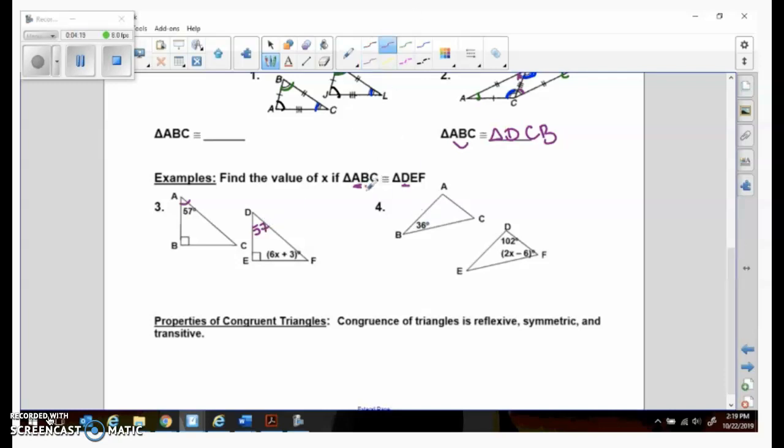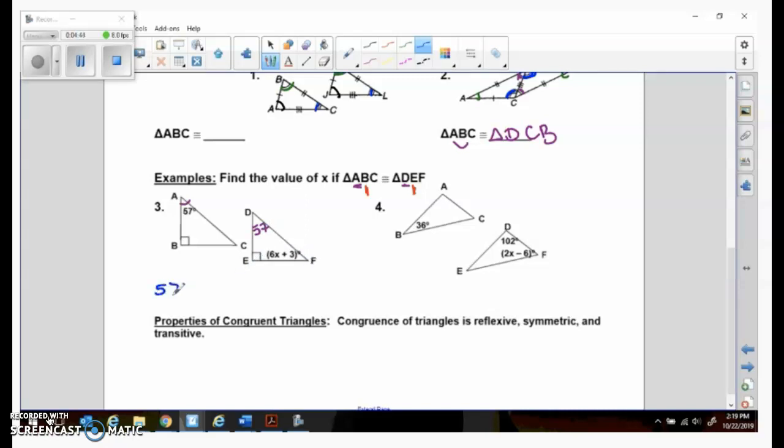Okay. So sometimes a problem will ask us to solve for a variable given that two triangles are congruent. What it means is that angle A and angle D are congruent to each other. So we can figure out, based on that fact, how we set up our equation.